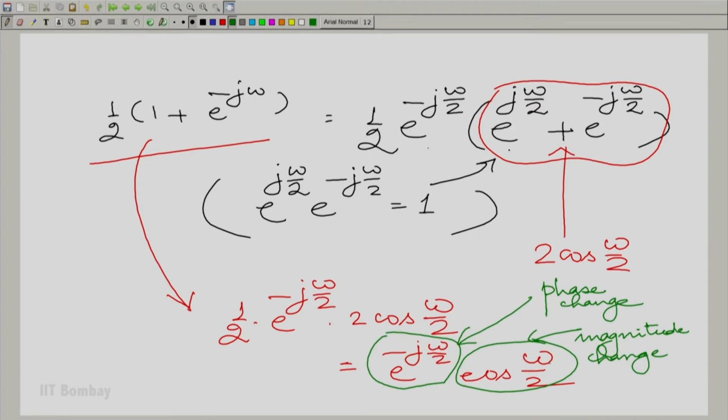Because for omega between minus pi and plus pi, cos omega by 2 is a non-negative quantity. Cos pi by 2 goes to 0 and cos 0 is 1. So, the cosine function falls from 1 towards 0 on both sides, from 0 towards minus pi and 0 towards plus pi. So, this contributes no phase, and then this contributes no magnitude, because its magnitude is 1.